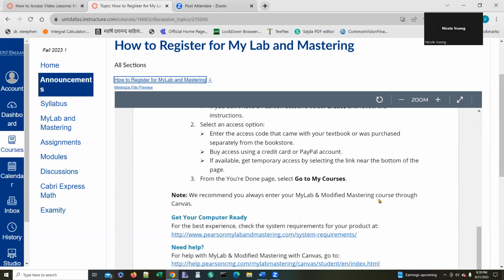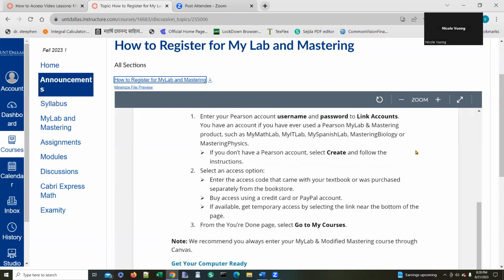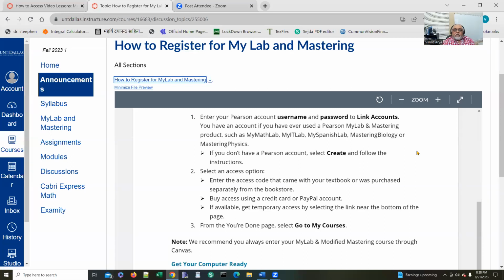Also, one tip is that if you don't have a Pearson account, use your school email, because that's how I automatically got connected with Pearson. It didn't ask me for a code or anything, because I used my school email. That's very good.